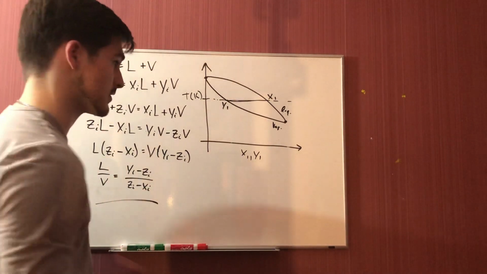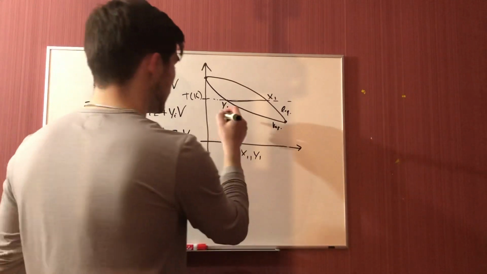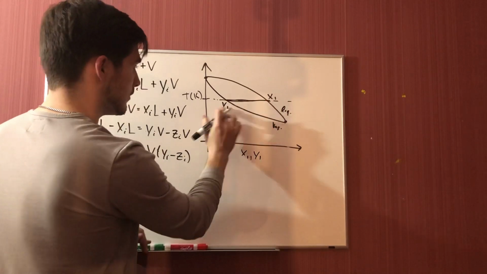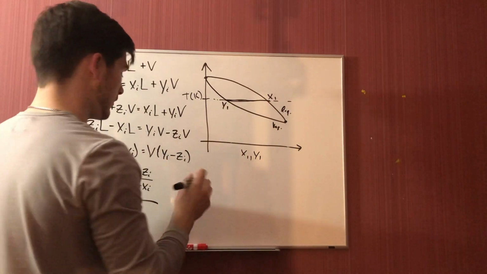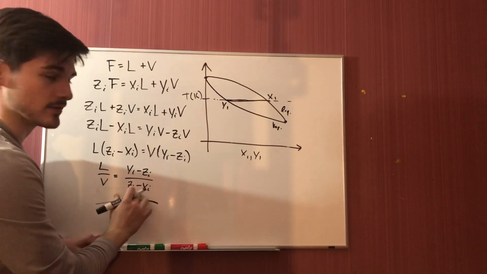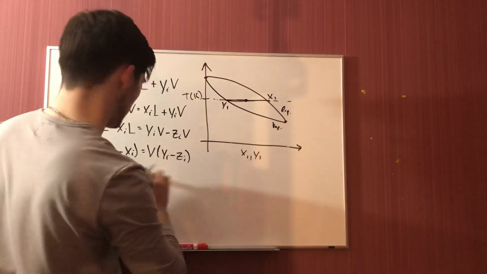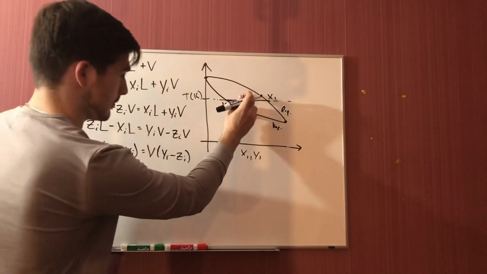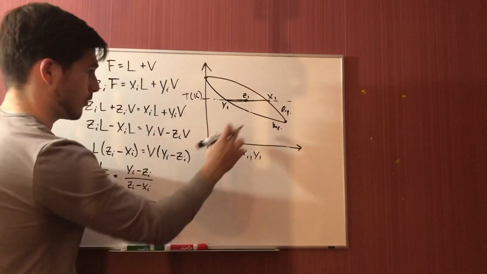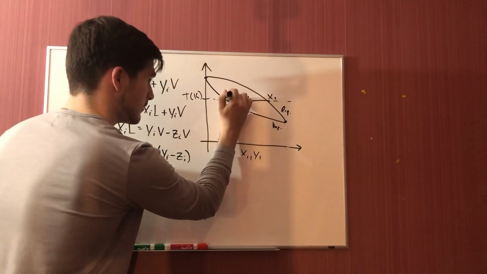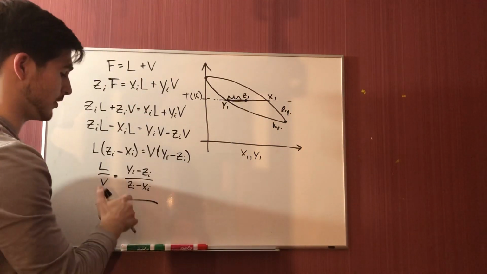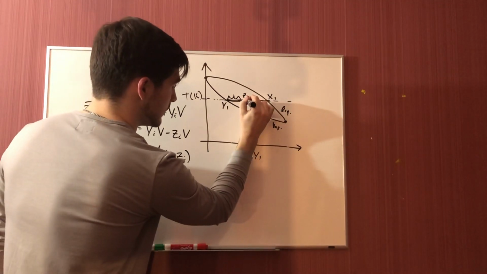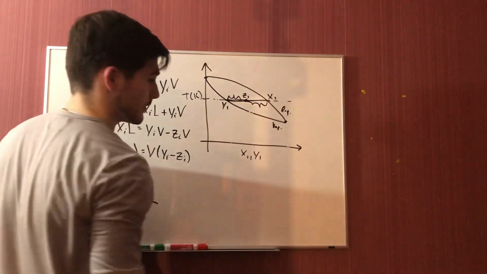Now, another important thing to mention is the reason why this is called the lever rule is, say we have this line here, and we know these two molar ratios. Well, this and this can be looked at as a distance. So this is going to be Y_I minus Z_I, or in this case, Z_1. Y_1 minus Z_1 is this distance, and Z_1 minus X_1 is this distance right there.